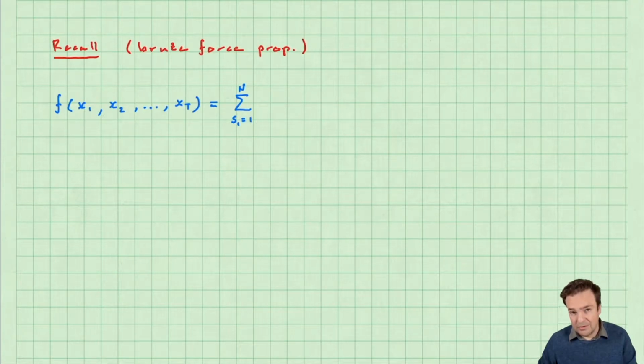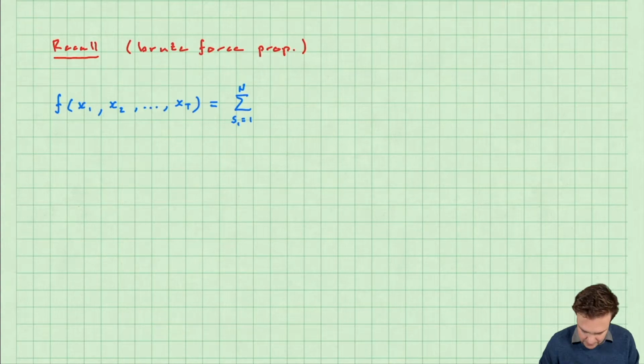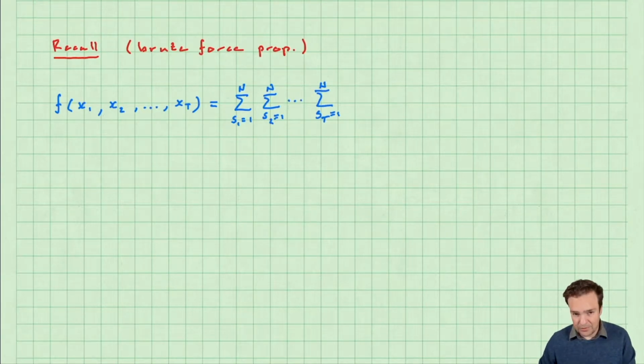So this is a capital N state hidden process. And then there'd be another sum, S2 equaling 1 up to capital N, and so on. And then this finishes with S capital T equaling 1 up to capital N. So a whole bunch of sums there.